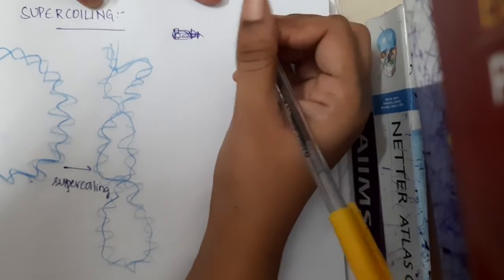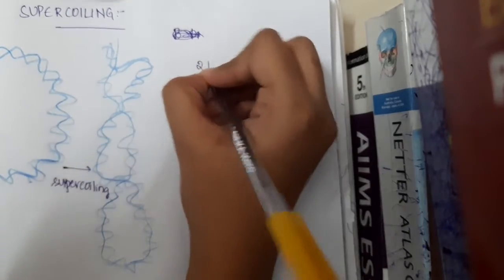So there can be two supercoils: one is positive supercoil, one is negative supercoil.